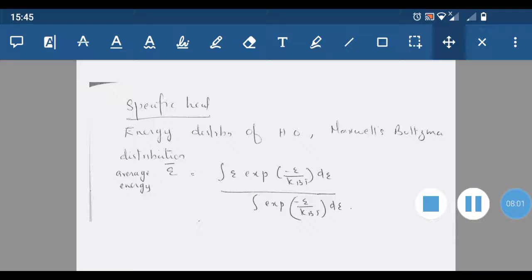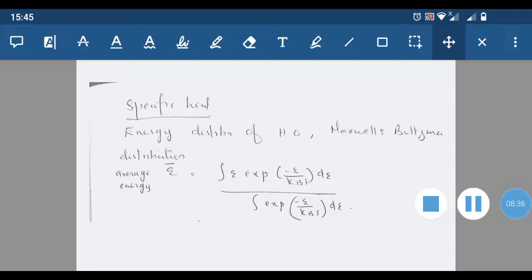And the average energy in the Maxwell-Boltzmann distribution is given by the expression E bar is equal to the integral of E exponential minus E by kBT dE divided by the integral of exponential minus E by kBT dE, and by substituting for E in the classical model, E is equal to p square by 2m plus half m omega square x square. So you can substitute that and find the expression for average energy.